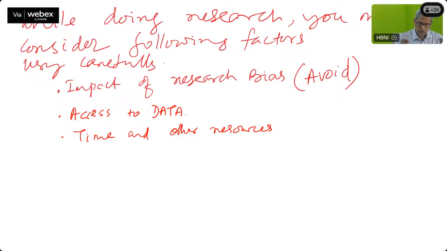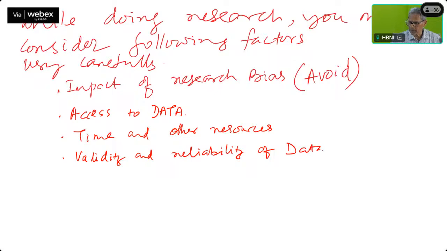And when you are doing research, you must also have a provision for validity and reliability of data. Suppose you have collected some data, you must validate that the data you have got are genuine.